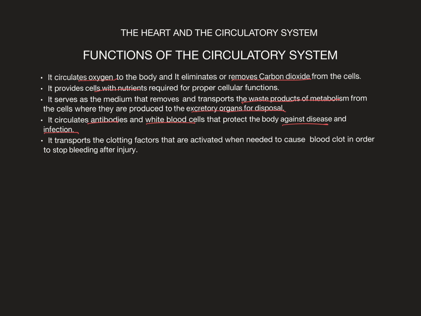If there is infection in a specific organ, for example in the lungs, which we call pneumonia, the white blood cells and the antibodies need to reach that organ. The way they can do that is through the circulatory system, which has to transport these cellular structures to the target organ.